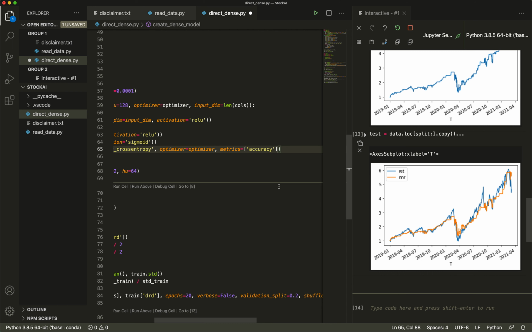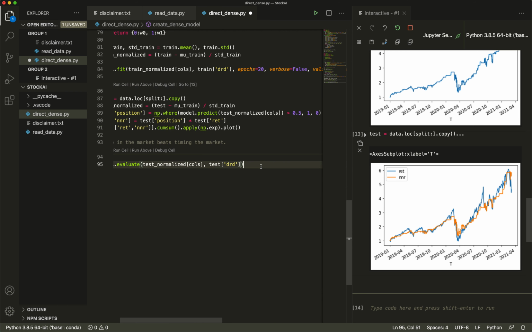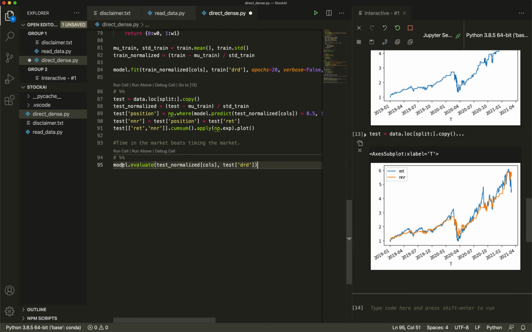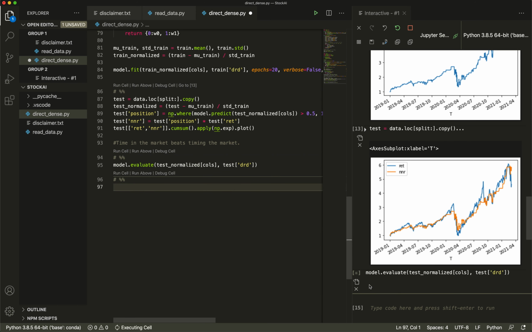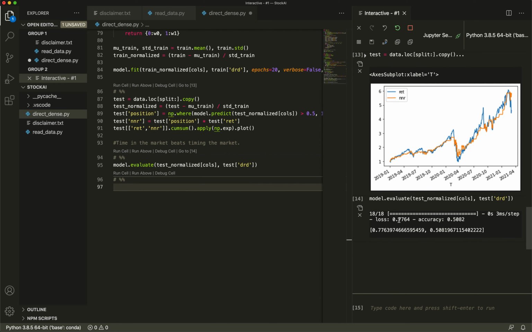It's not exactly the ratio, but the percentage of correct predictions. That's called accuracy. Let's look at what the values are. The first value, the loss, is about 0.7764.